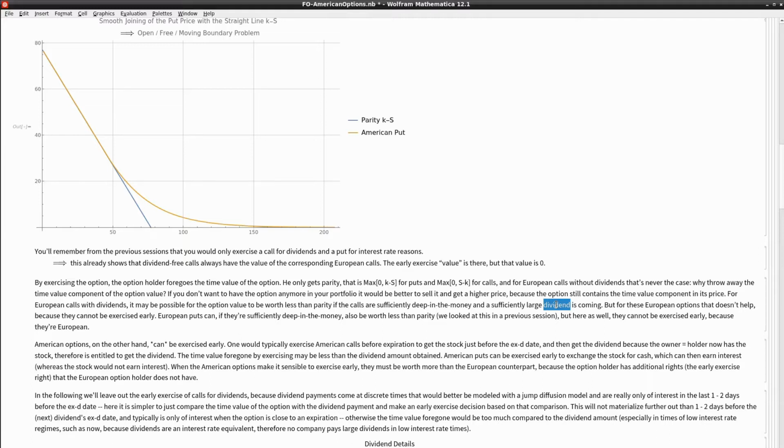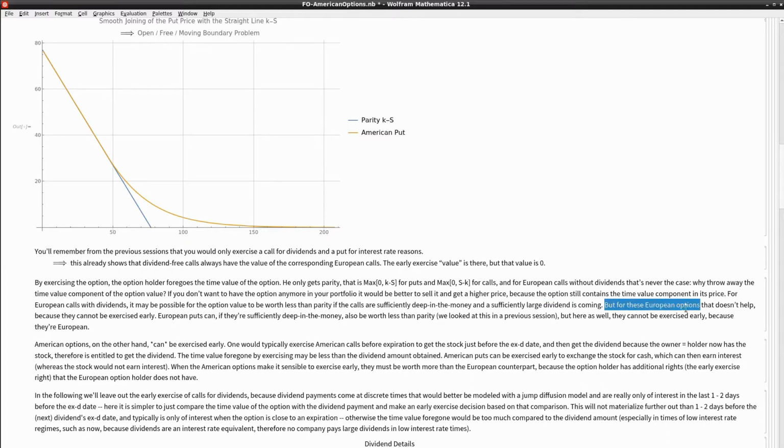No company will pay you high dividends when there are low interest rates. But in principle, it is possible that a dividend is larger than the time value that you forgo by early exercise. And that does make it sometimes interesting to exercise American calls early in order to collect the dividends.